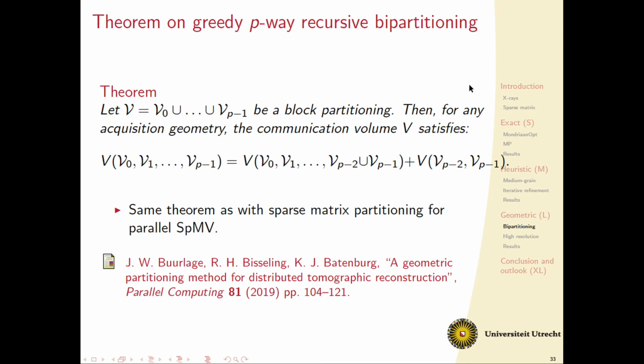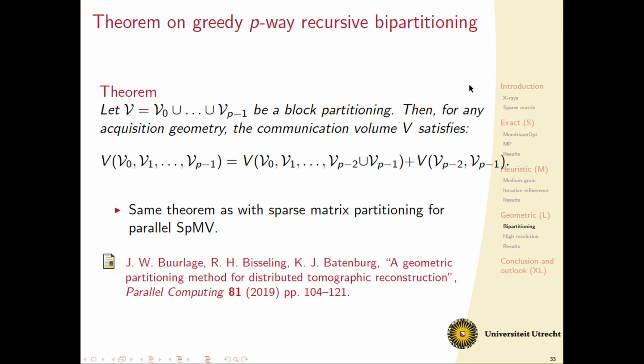And what is nice is that there is a theorem, like we have for sparse matrices, that if you look at the total communication volume V of the split, then it is the same as the split for P parts, the same as the volume for P minus 1 parts, plus the last split that you did.